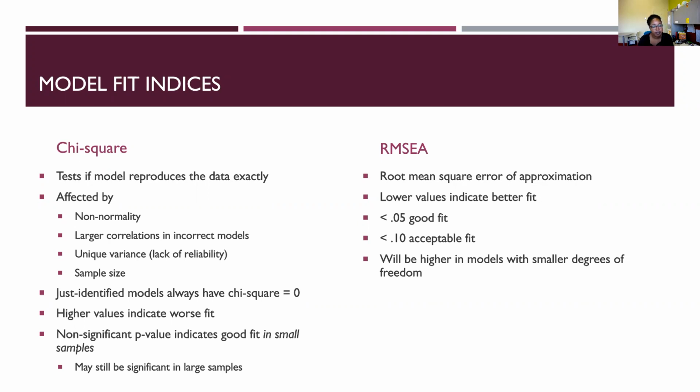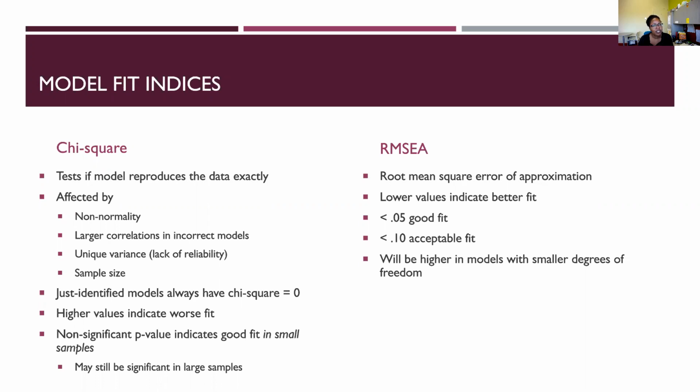But chi-square has some limitations. It can be affected by non-normality. If your model is incorrectly specified and you have large correlations, then you can get a really large chi-square value. If your variables aren't reliable, you can get some issues with that.